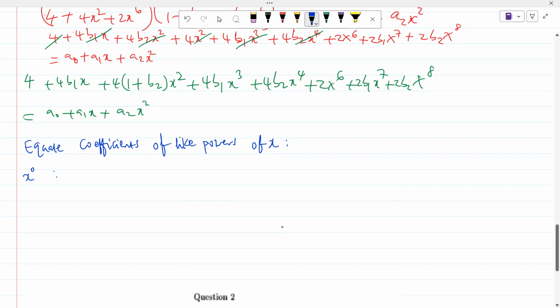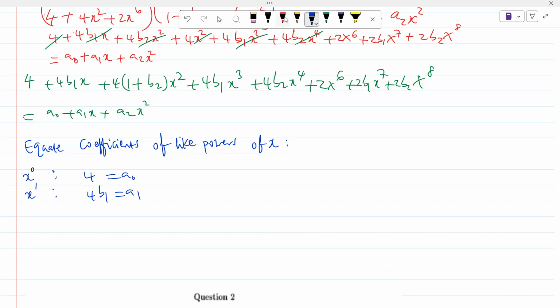So x to the 0th power is the constant. Now we have 4 equals a naught. Then the linear ones, x to the 1st power: 4b1 is a1.